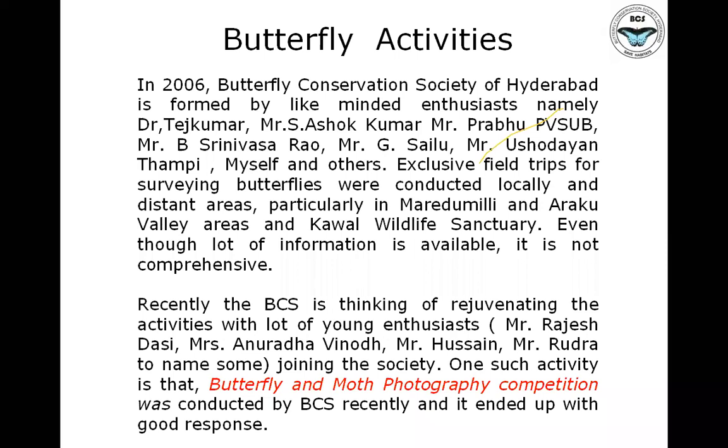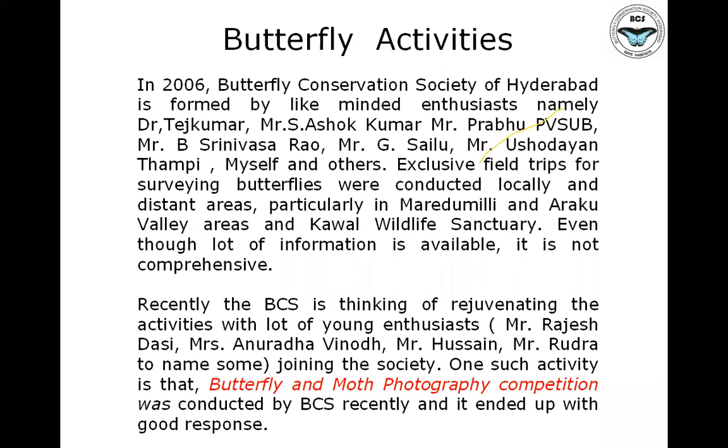Exclusive field trips for surveying butterflies were conducted in local and distant areas, particularly the Maredumilli area, Araku Valley area, and Kawal Wildlife Sanctuary in Telangana. Even though a lot of information is available with the people, it is not comprehensive.